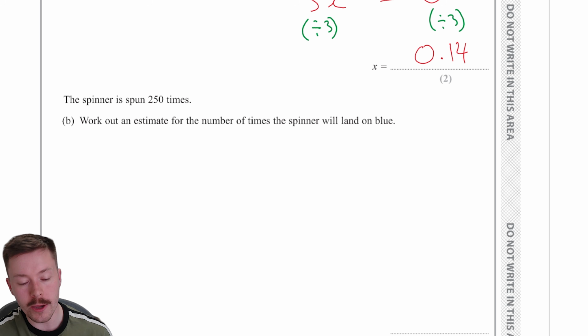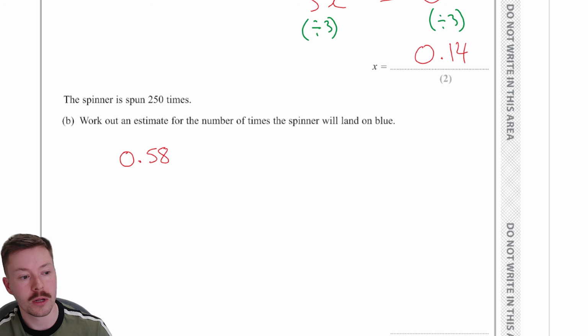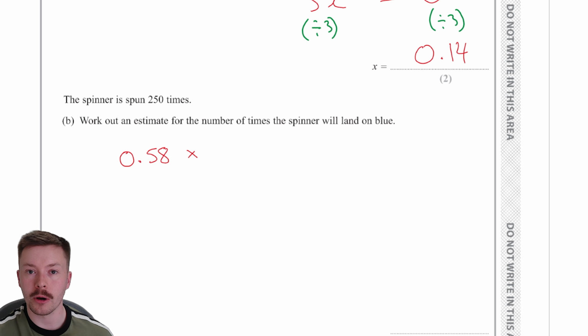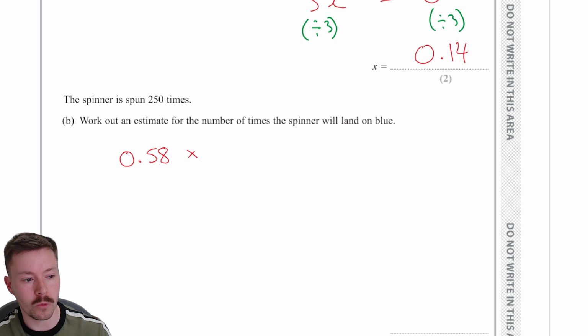The way we work this out is by taking the probability, 0.58, and multiplying it by the number of times you perform the experiment, which here is spinning the spinner. So we multiply that by 250.